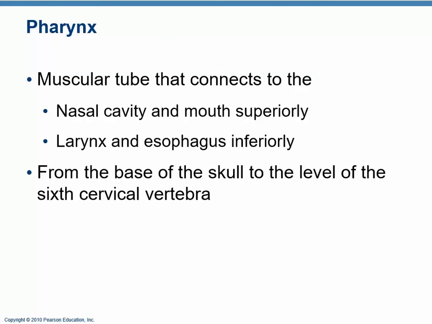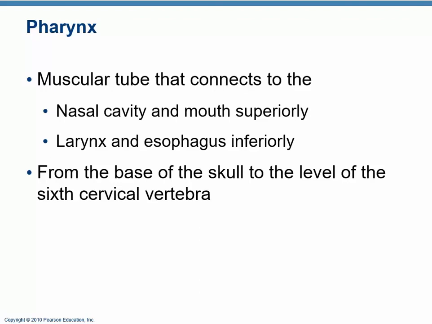Now, the pharynx is the next part. The pharynx is a muscular tube. It's soft-walled, and it goes from behind the nose, from the posterior apertures, and goes down towards your throat. Now, it's divided into a couple of parts.